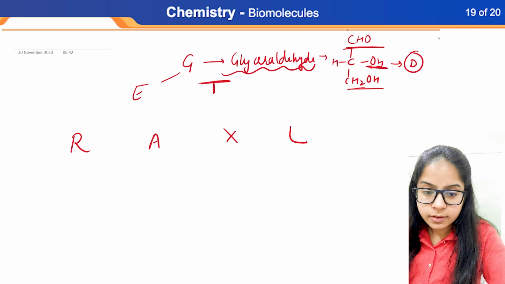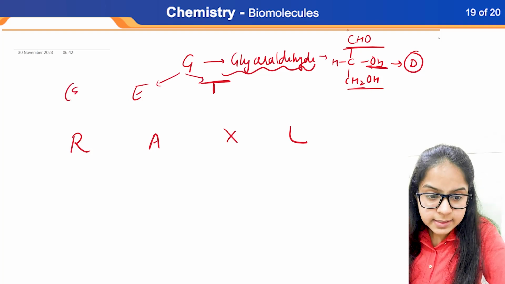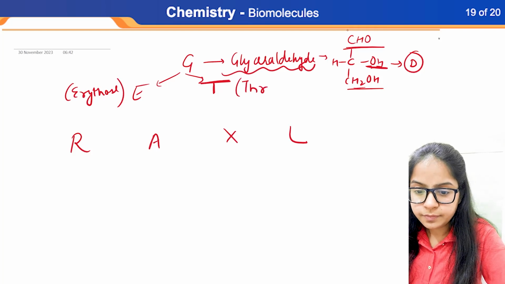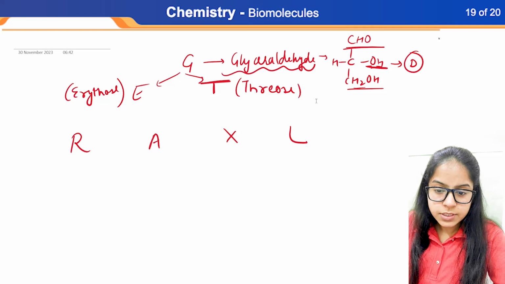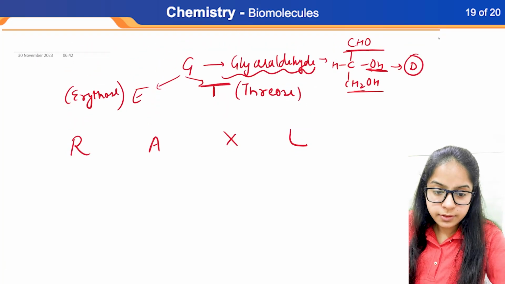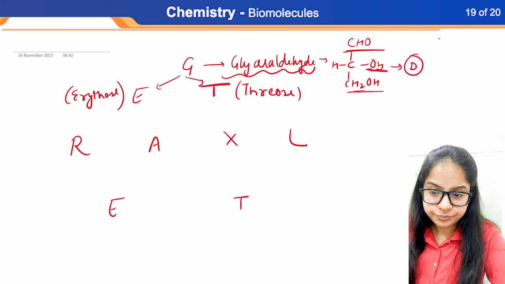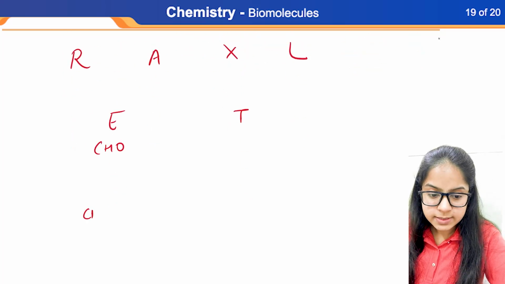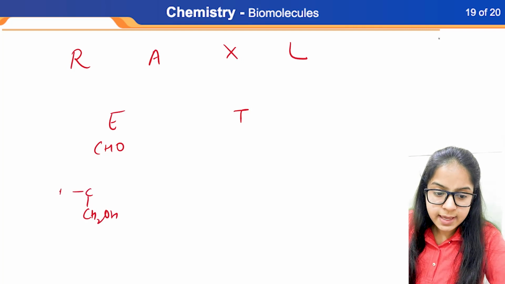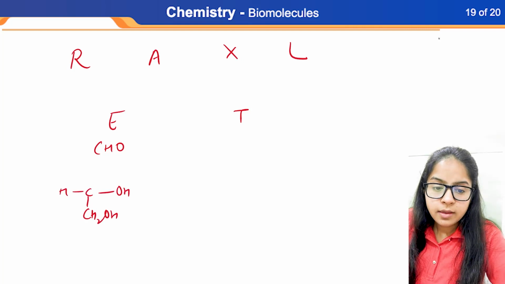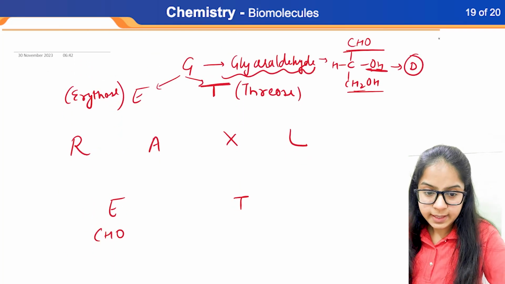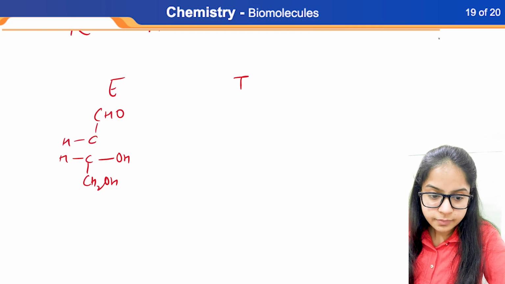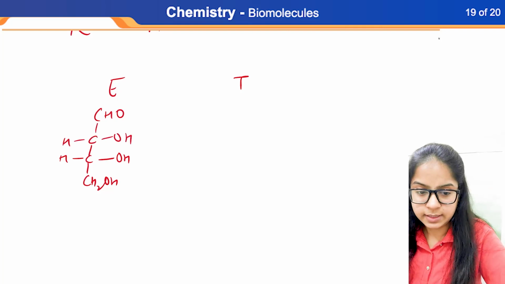If I want to generate erythrose and threose, you just need to remember that you are going to form E and T. Again, CHO will be on the upside, CH2OH on the downside, CHOH in between. For erythrose, OH on the left side, then you put H on the left side, OH on the right side.